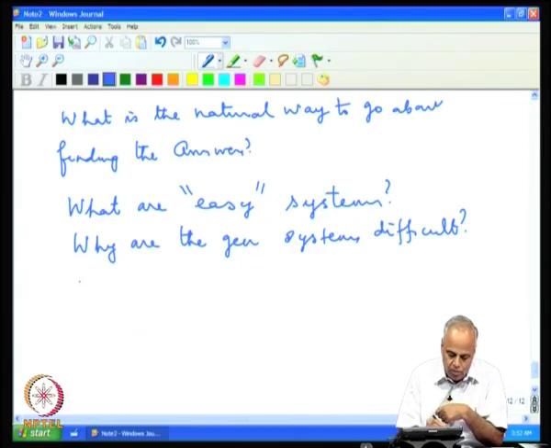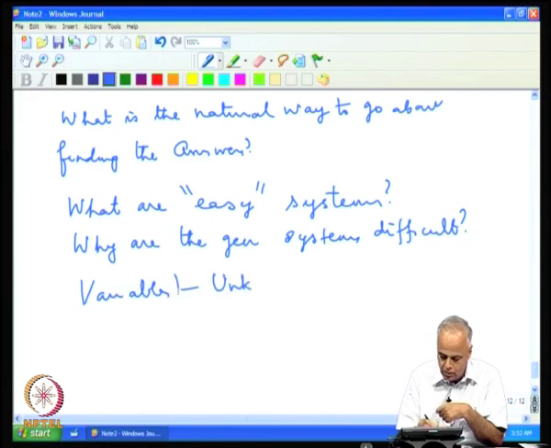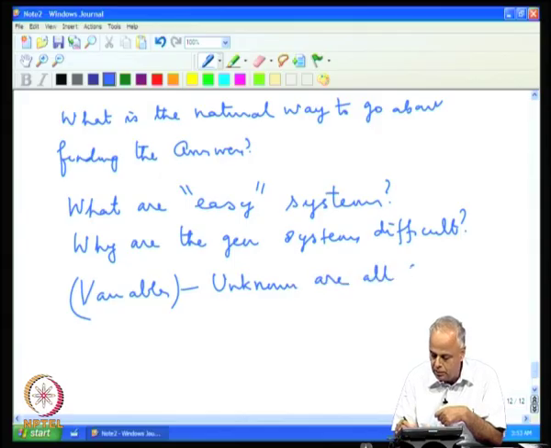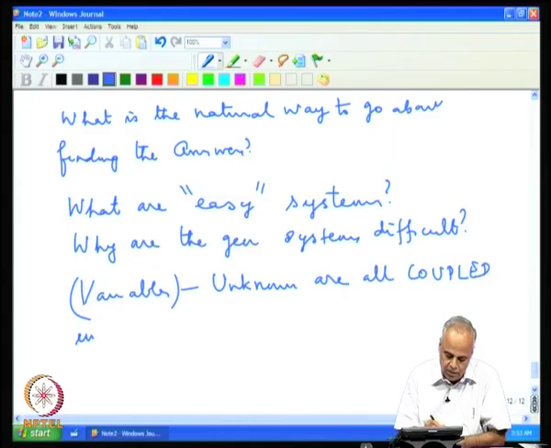This is what we call that the variables or the unknowns are all coupled in a general system.